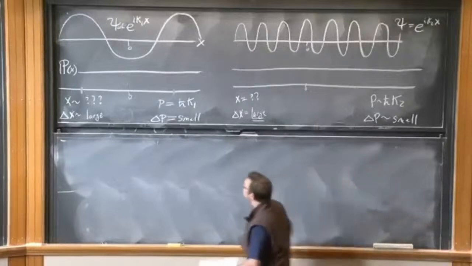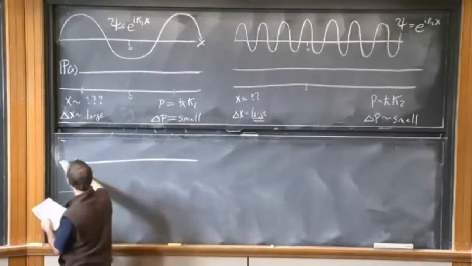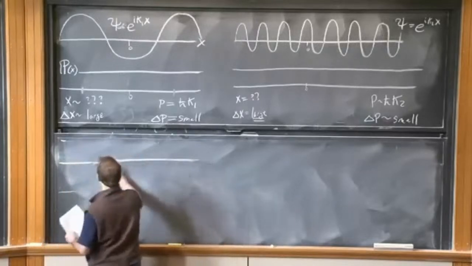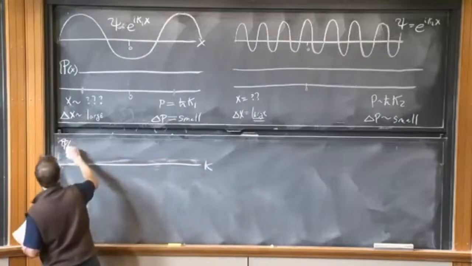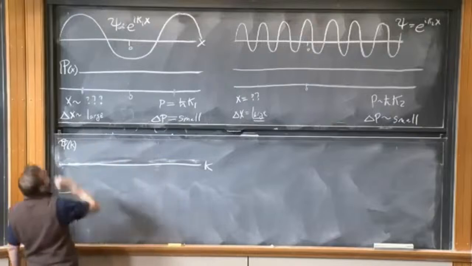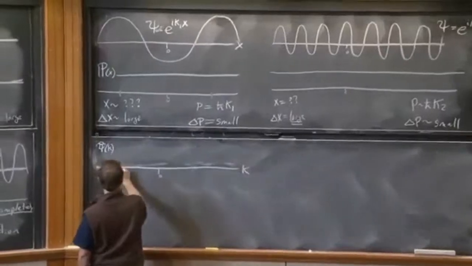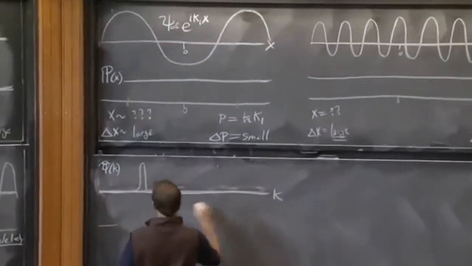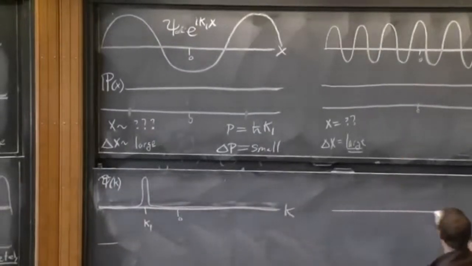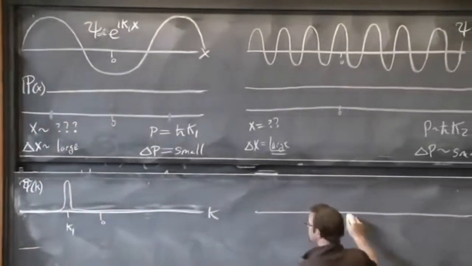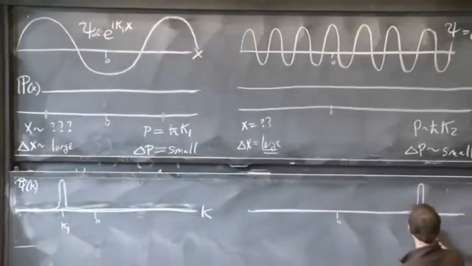So the Fourier transform of this guy is now k, psi tilde of k. Well, that's something with a definite value of k. And its Fourier transform, this is 0. There's k1. And for this guy, there's 0, k2.